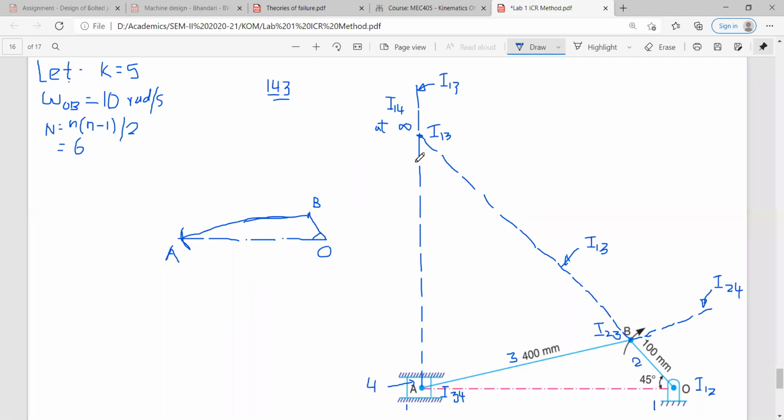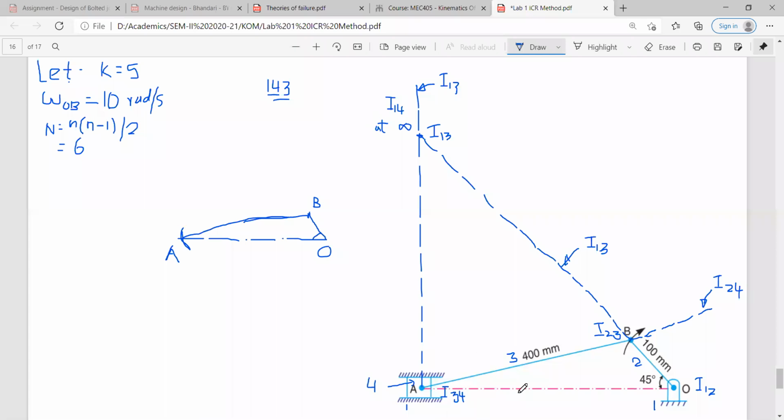Okay. So let us see now how to get I24. Okay. So this particular line, we know that 3 ICRs are there. So we have seen this I24, I23 and I34.